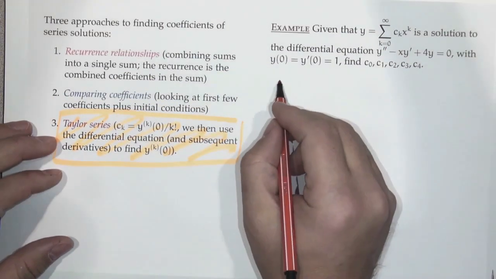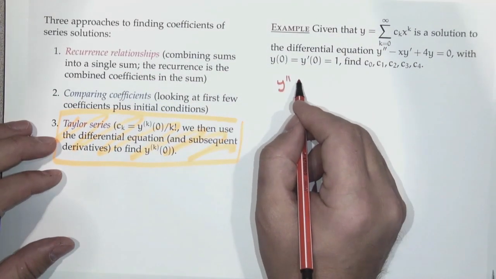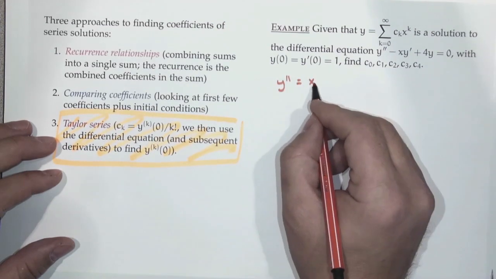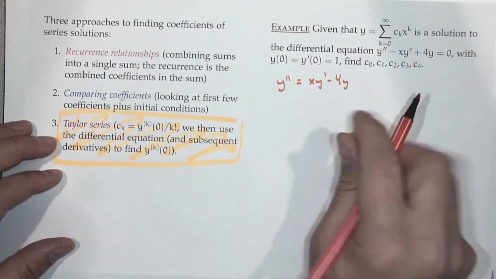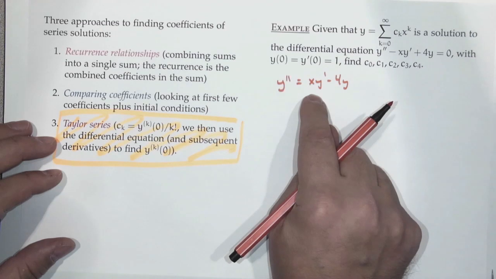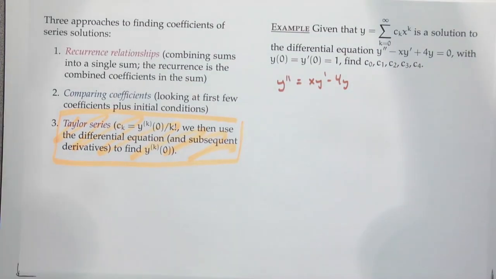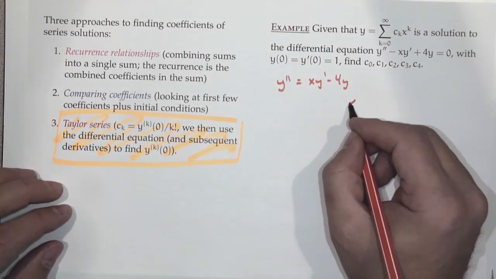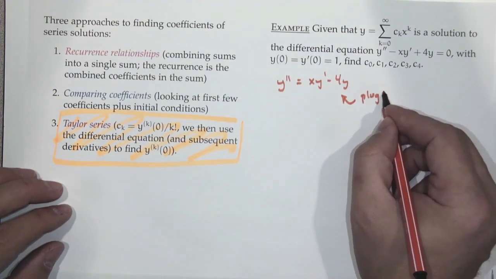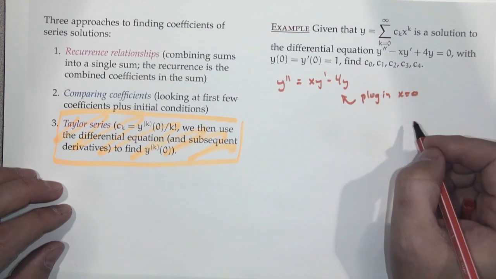Y double prime is equal to xy prime minus 4y. Now, how did I come up with that? I rewrote it. Nothing too surprising. This is always true. Plug in x equals 0.